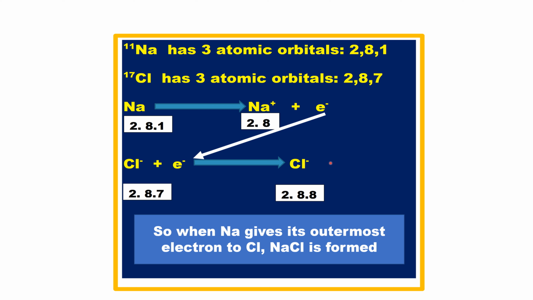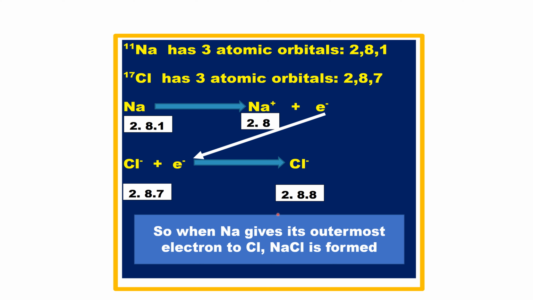So when this happens, sodium will have electronic configuration 2, 8. This means it has the maximum number of electrons that it needs in the first shell, and it also has completed the second shell. The same thing is applicable for chlorine. It has electronic configuration 2, 8, 8.